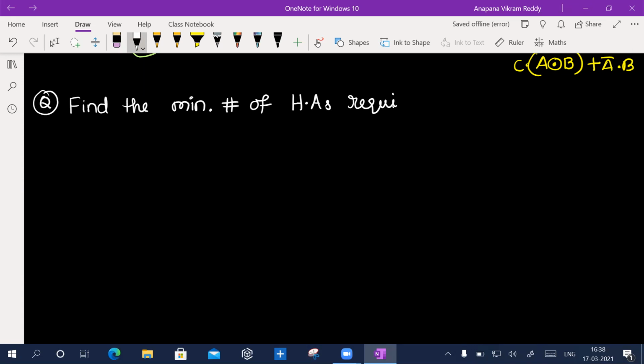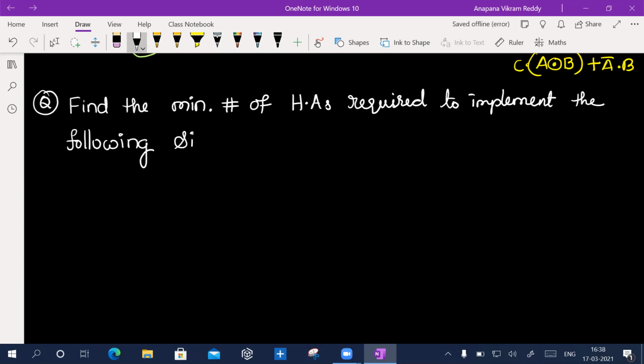Find the minimum number of half adders required to implement the following simultaneous expressions.